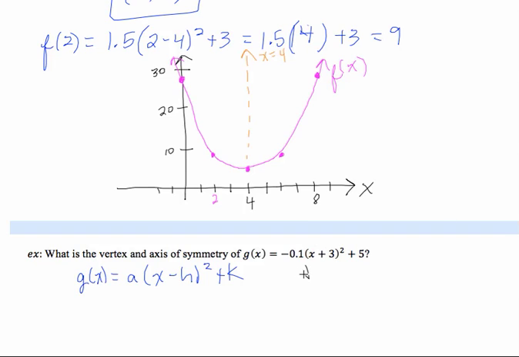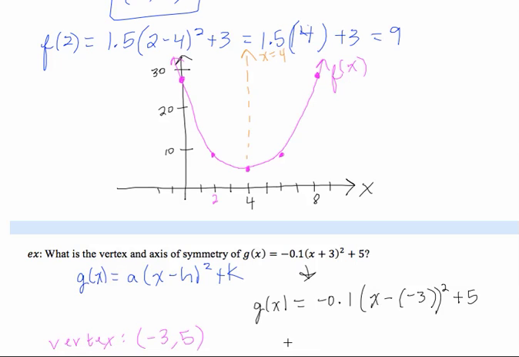What you can do, if it helps you, is rewrite that as x minus negative 3. It means the same thing. But then it's easier to match the pieces, x minus h, x minus negative 3. So h is negative 3, and then plus k is plus 5. That would be my vertex. And then the axis, which you could call axis of symmetry, AOS, that's fine, is x equals that x coordinate, negative 3.